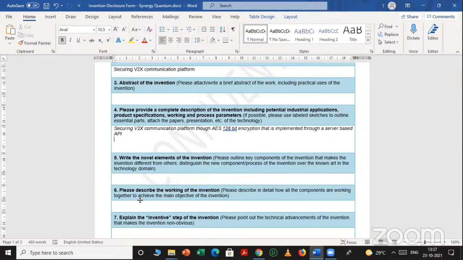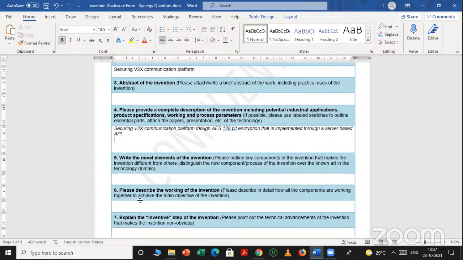So for example, if I'm saying that you should provide the novel element of your invention, what do you have to do here? You have to outline key components of your invention that make it different from other inventions or from other existing prior art in this world.